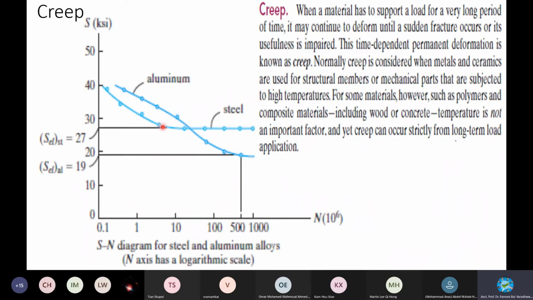See here, the resisting power of the body stops at about the ninth cycle, 9 into 10 to the power 6 rotations.